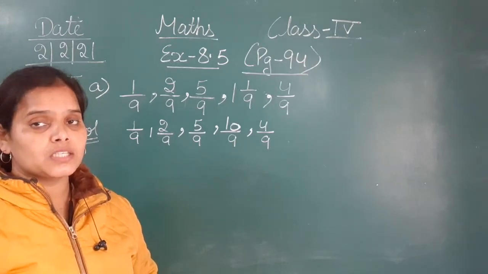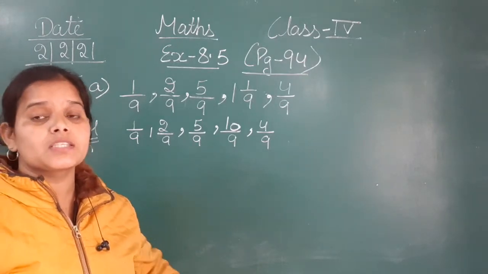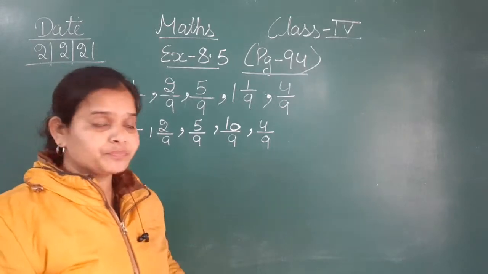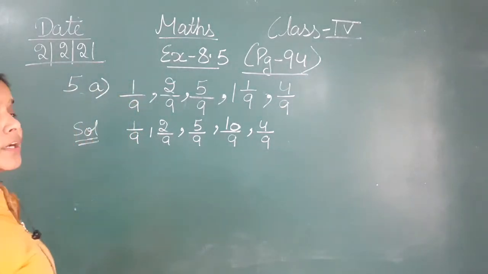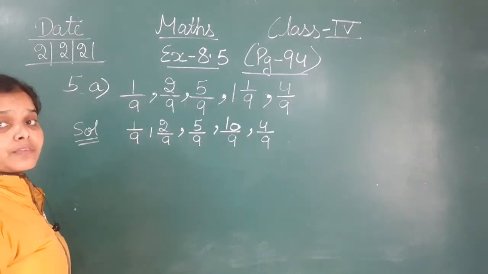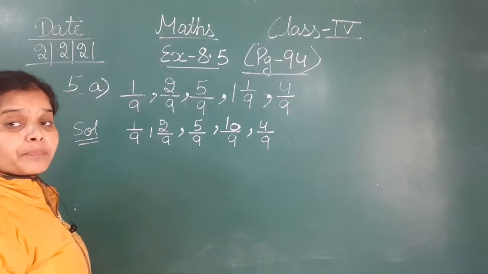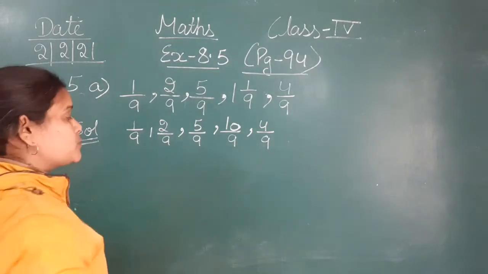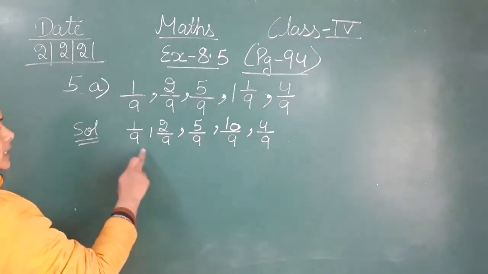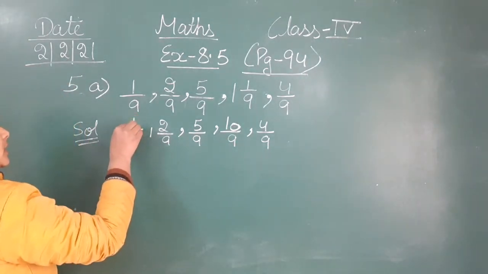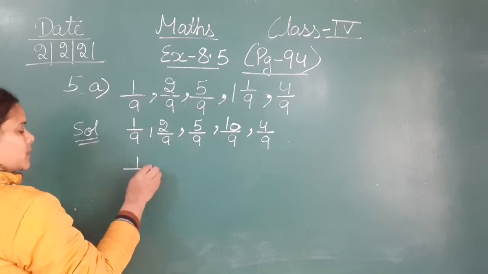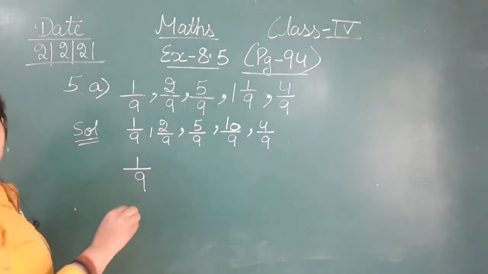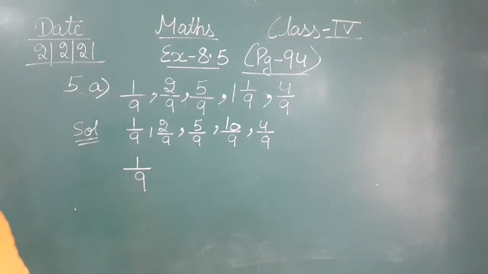Always use the greater than or the less than sign, whichever is required. Clear? So in ascending order, we have to arrange the given fractions from smaller to bigger. Which one is the smallest fraction of all? That is 1 upon 9. So it will become 1 upon 9.